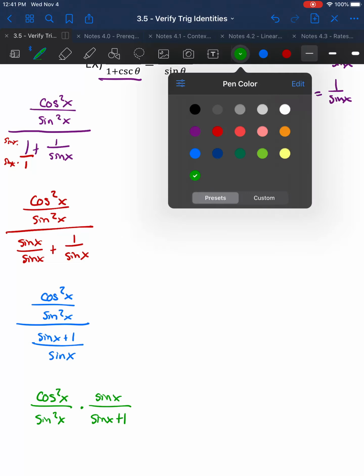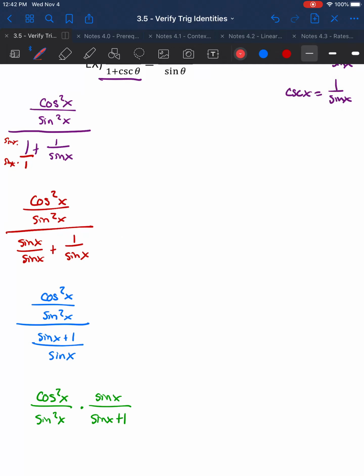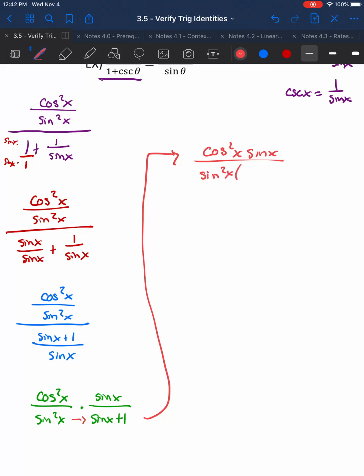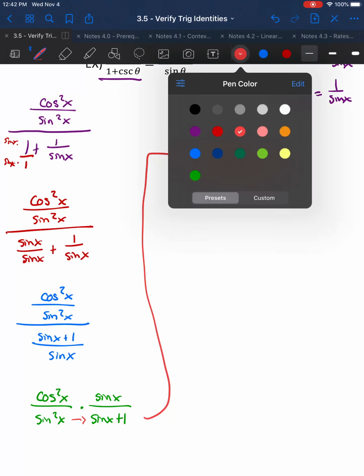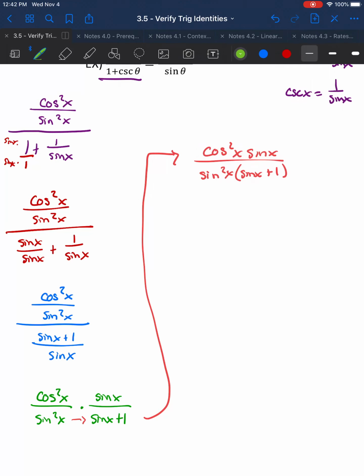Okay, so now look what I've accomplished. Here, I'm going to come right over here. Now I have cosine squared x times sine x over, when I multiply straight across, I'm just going to leave this in parentheses for a moment, sine squared x times sine x plus 1.